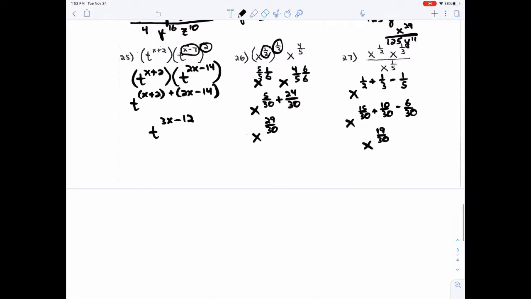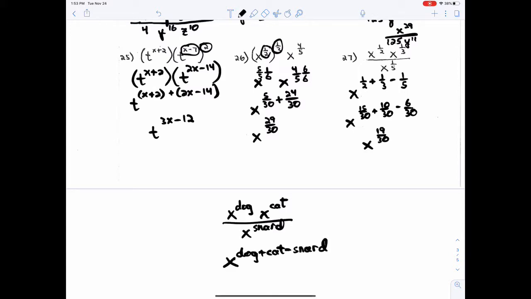If you take a look at 27, let's say I give you this problem: x to the dog power times x to the cat power all over x to the snard power. What would that be? That would be x to the dog plus cat minus snard power. Why? Because when you multiply, you add, and when you divide, you subtract. Little bonus problem there. We'll call that number 28.